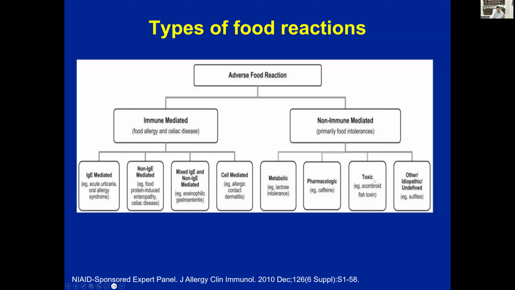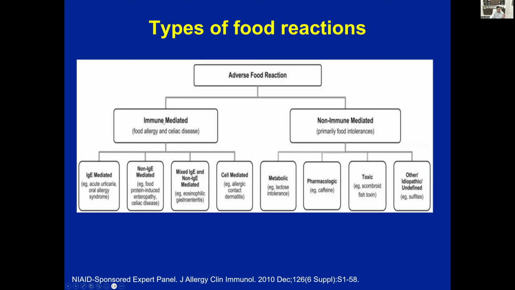If you eat raw, uncooked fish, you can get poisoning. So that's not a food allergy. And other things like sulfites and MSG, some people's bodies just don't tolerate them. Those are defined as others. So anything where the immune system is not involved is non-immune mediated.